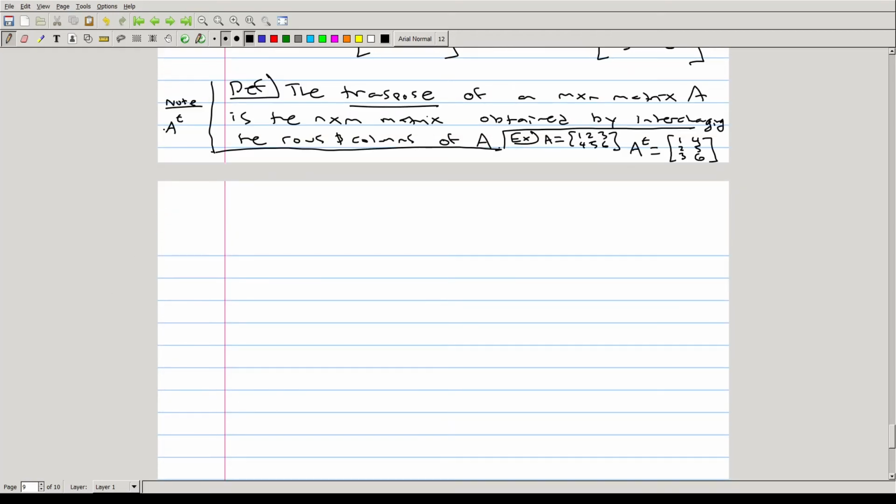And you also have a characterization of symmetry of a matrix. If the transpose is equal to the matrix itself, the matrix is called symmetric.